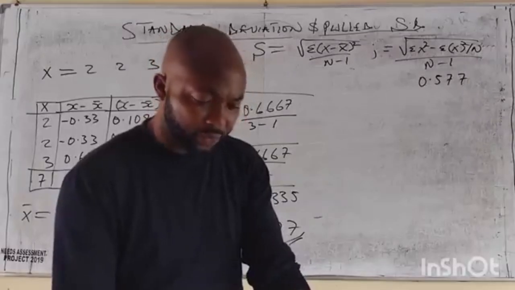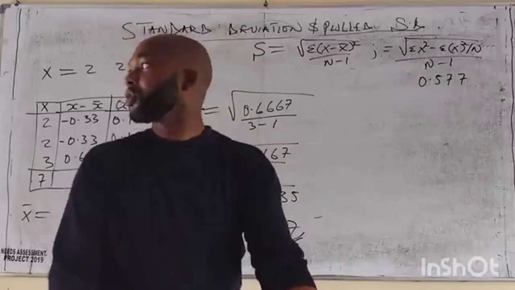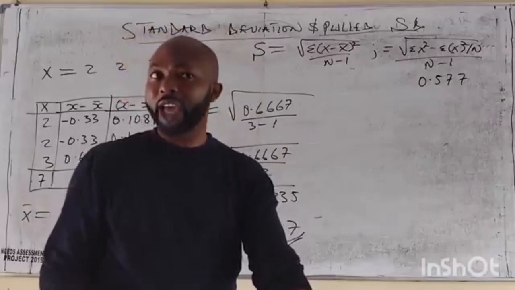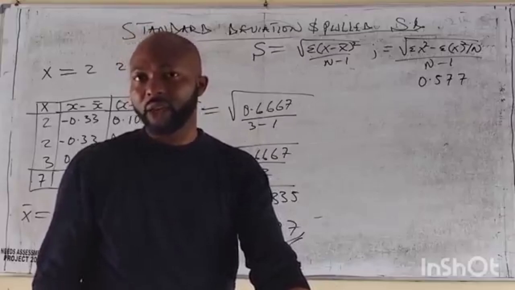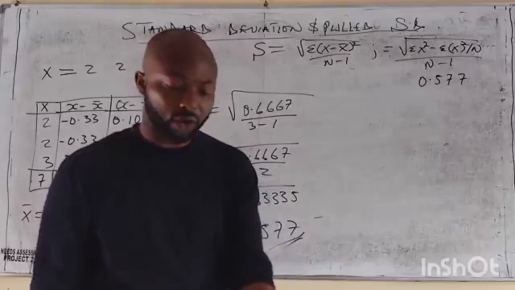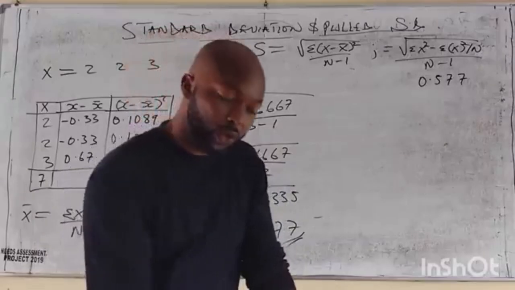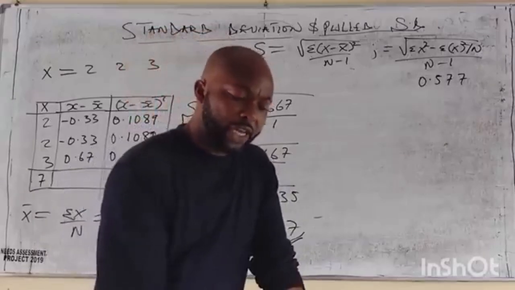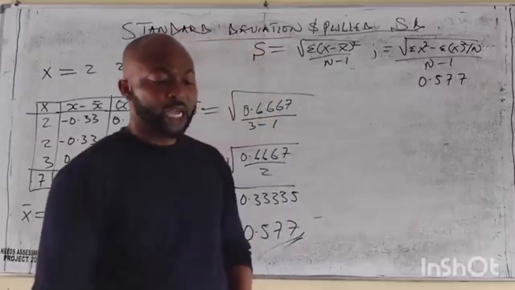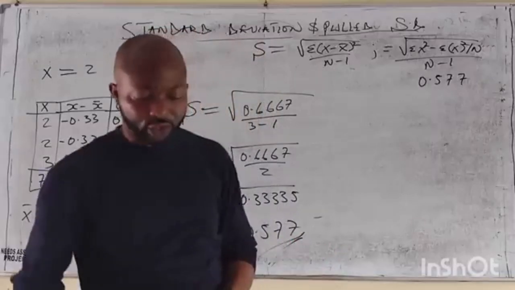In pooled standard deviation, remember I said they will be giving us more than one variable, which could be x, y, and z. So at least if we can solve two questions, we'll be able to see the differences and how this runs. Now, we'll start with the easiest one if you ask me. You say calculate the pooled standard deviation of the following experimental result. Let me clean the board.